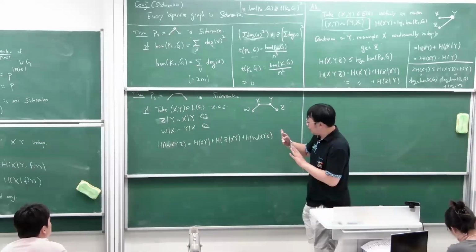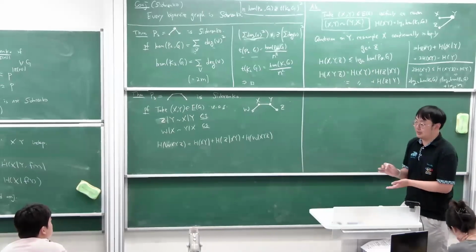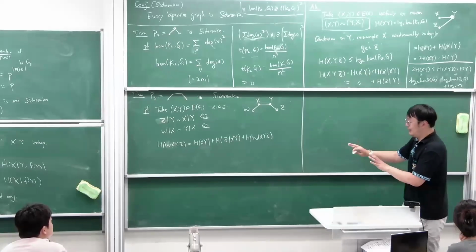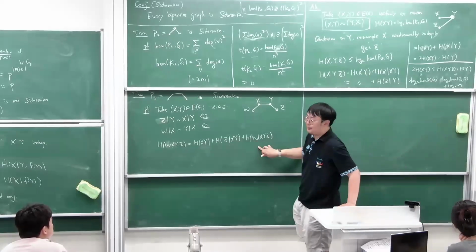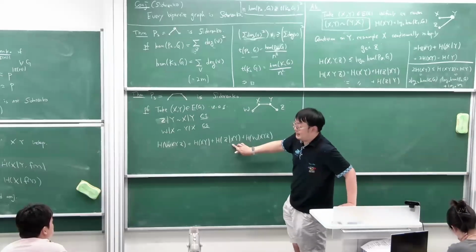And remember, our goal is similar to before. We want to express everything in terms of the entropy of X and Y. So we want to rewrite the entropy of Z and W in terms of X and Y. Here, this term is the same, right?